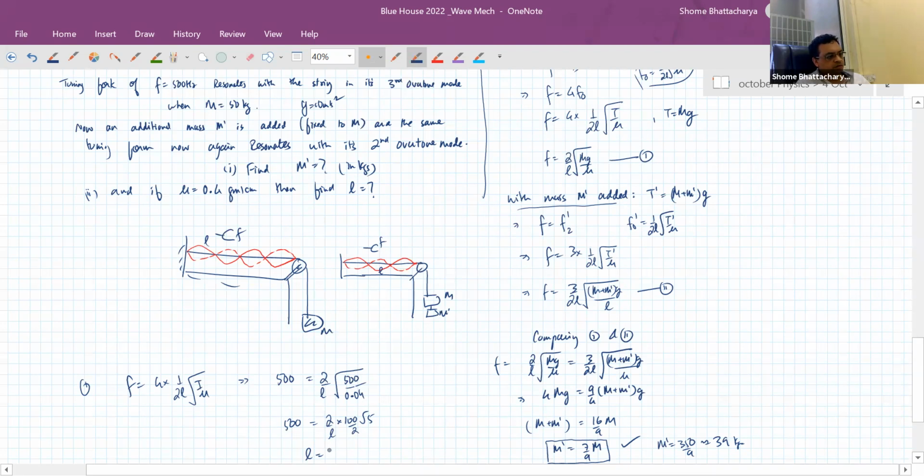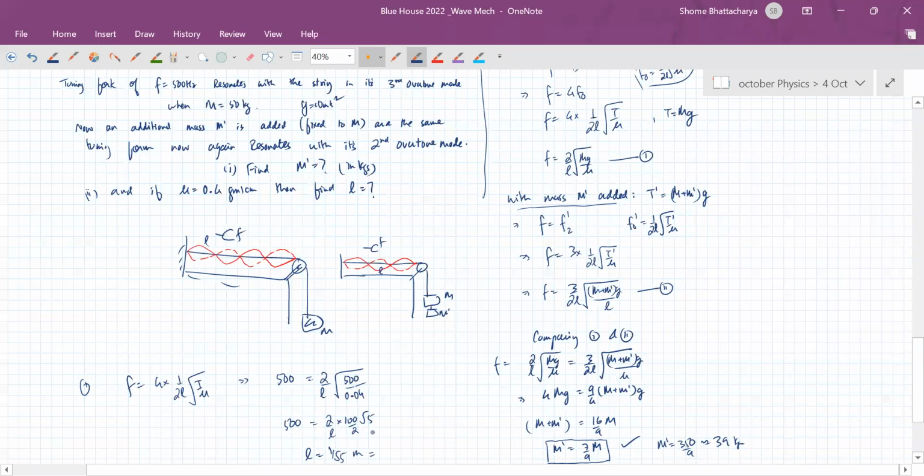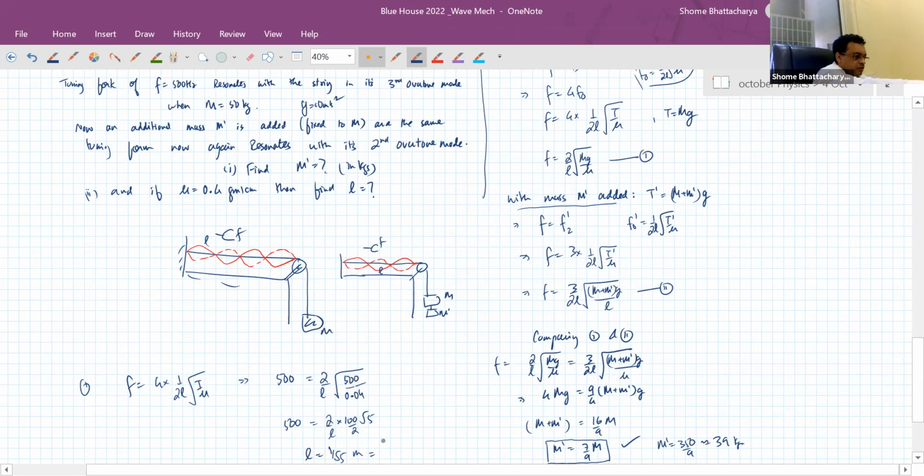So this is then ultimately how much? 1 by root 5 meters. So it's close to 45, about 44.6 something in centimeters.